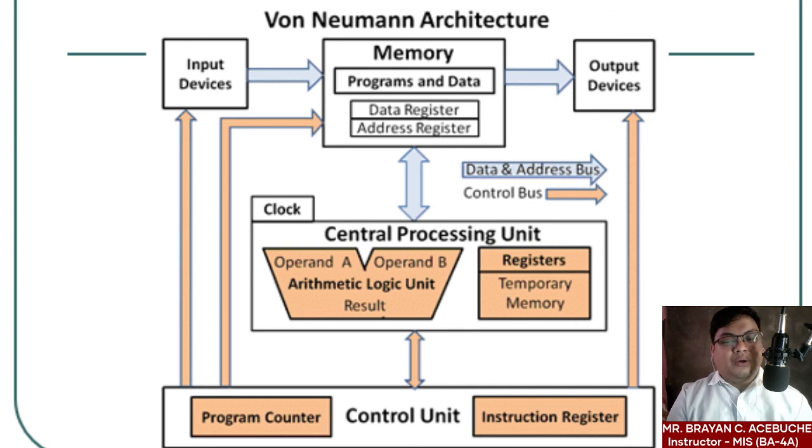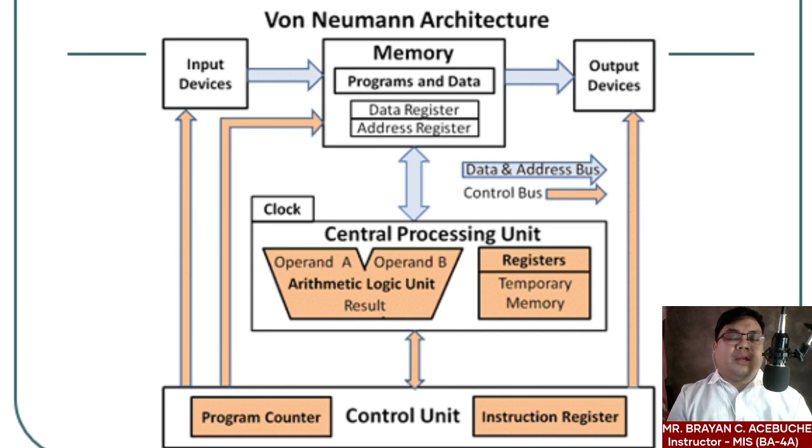Okay? So those are just some of the things regarding the computer architecture. Again, without computer architecture, the computer does not know its flow. Okay? So, computer architecture is very important. Without the system unit and the programs and the instructions set in the computers, the computer does not know what to do. Right?